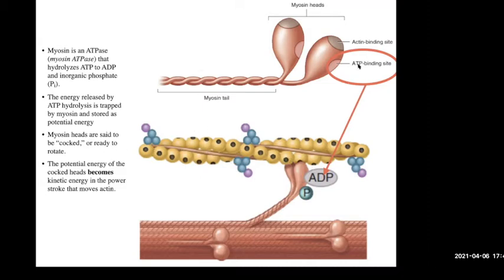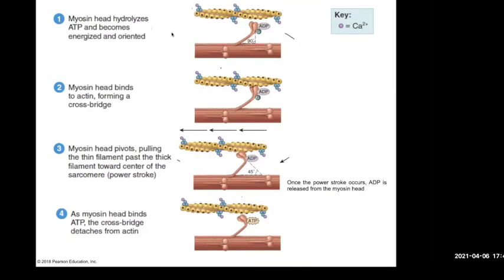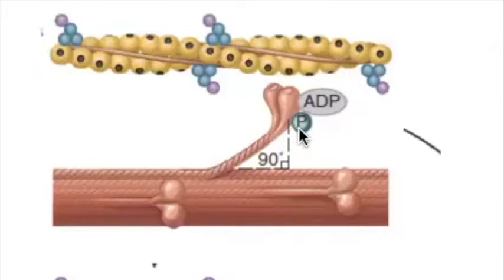All right, so what we're going to do is look at the process right here as that whole step happens. Starting from this point where the myosin head with that ATPase activity hydrolyzes the ATP, it becomes energized, and it becomes oriented, ready to interact with the actin filament.